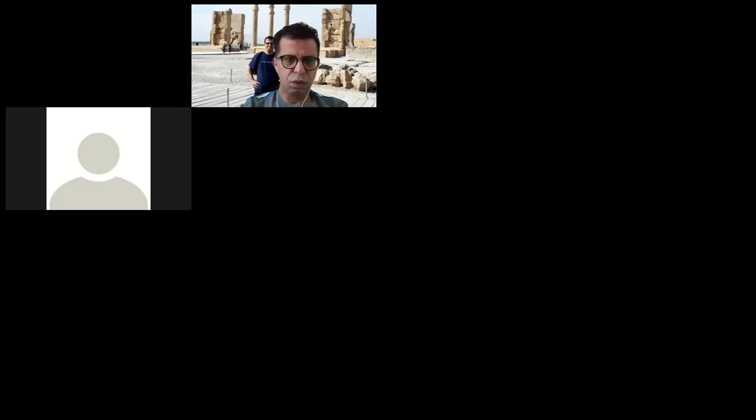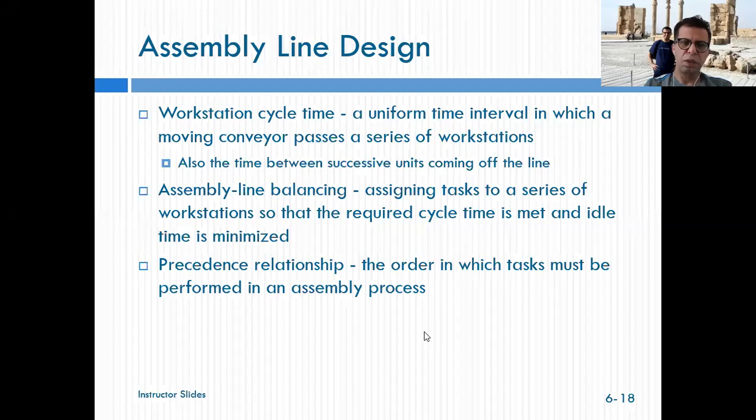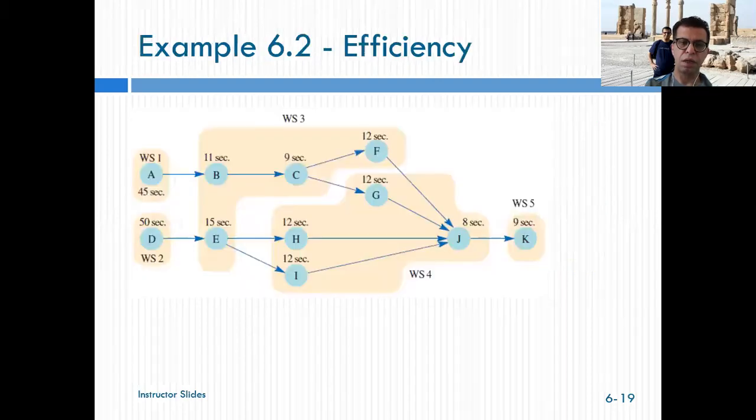As we said, we spoke about the assembly line design, the workstation cycle time, the assembly line balancing, and the precedence relationship in which the tasks must be performed in the assembly process. The next step is to look at an example about levels of efficiency.